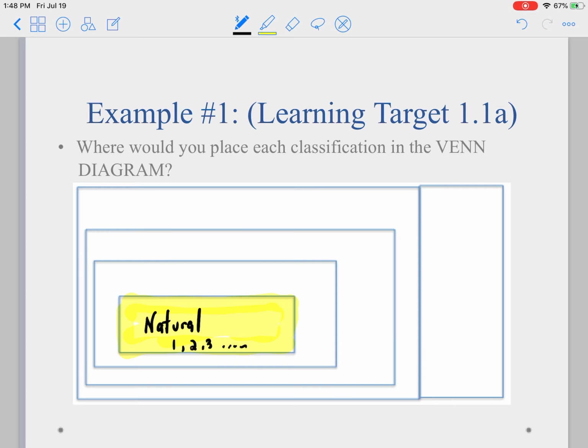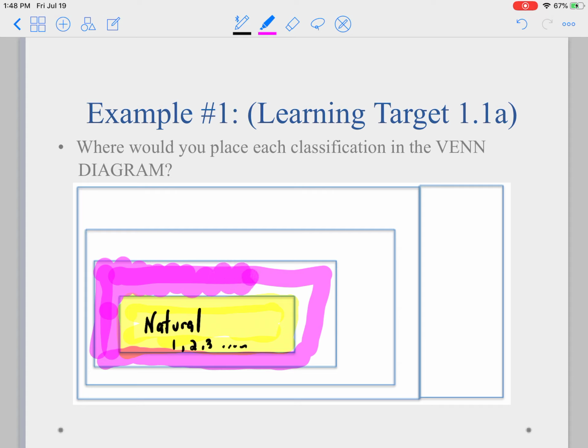So, thinking about one of the properties that I discussed when we were going through our original definitions and classifications was that smaller sets are also included in the larger sets. So what is the next largest set that we discussed? Well, that's going to be inside of this rectangle here.